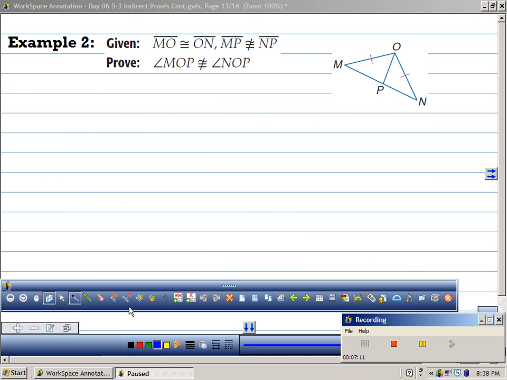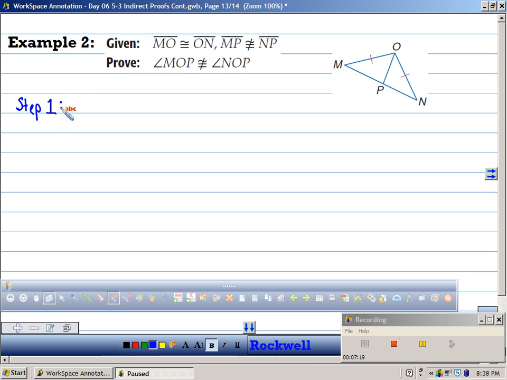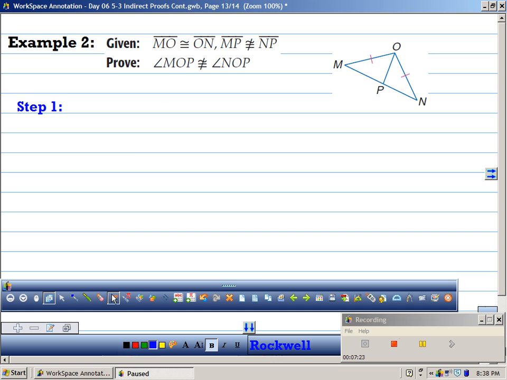Okay, so let's start here. There's step 1. And let's look at our given here. Alright, so I have MO, which is right here, MO is congruent to ON.